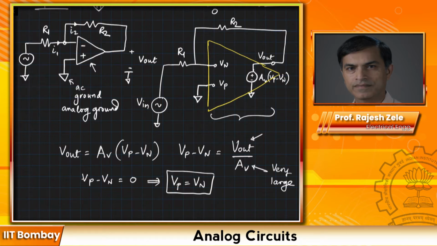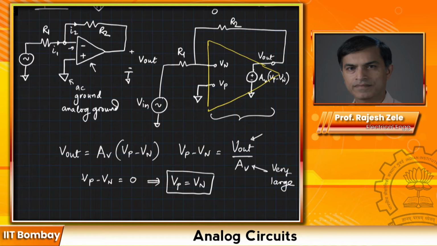So this is an important property of op-amp based circuits in negative feedback. Again, remember we are connecting the feedback in this fashion, and due to this property, even though the two nodes Vp and Vn are not connected together, it appears that there is a short between node Vp and node Vn due to negative feedback.